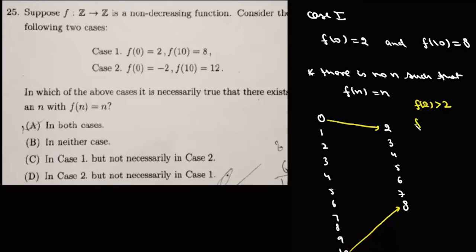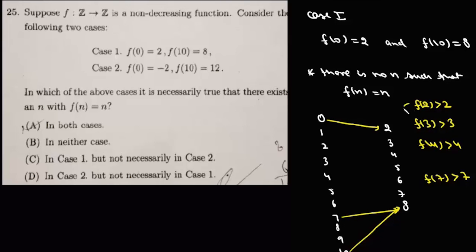In the same way, f of 3 will be mapped to a number which is greater than 3. f of 4 will be mapped to some number which is greater than 4. f of 7 will be mapped to some number which is greater than 7. That means the only option we have is this 8.